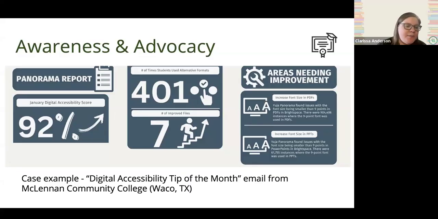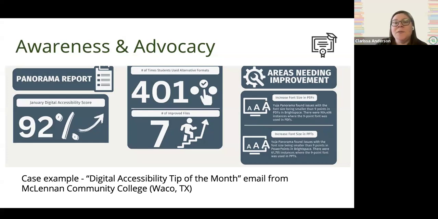Here's an example that was shared with me as I collaborated with McLennan Community College in Waco, Texas. They actually share a digital accessibility tip of the month to their faculty and staff. In this report, it will say something like our score for the month is 92% accessibility, which is great.